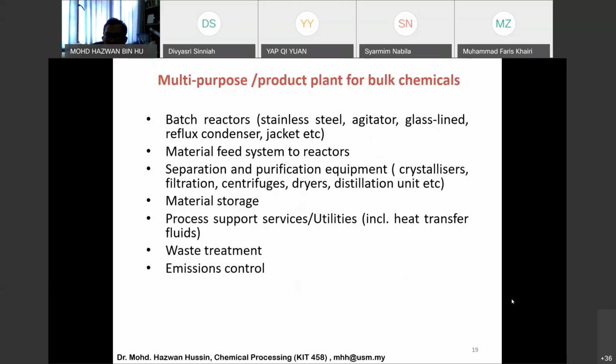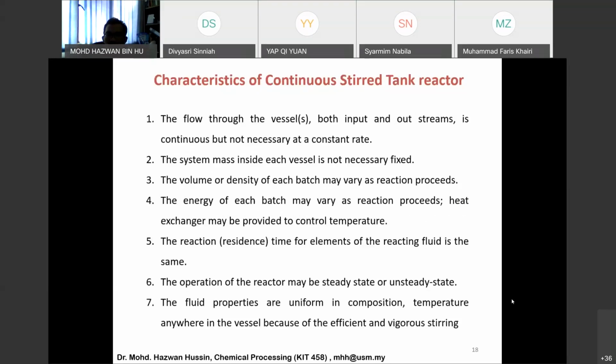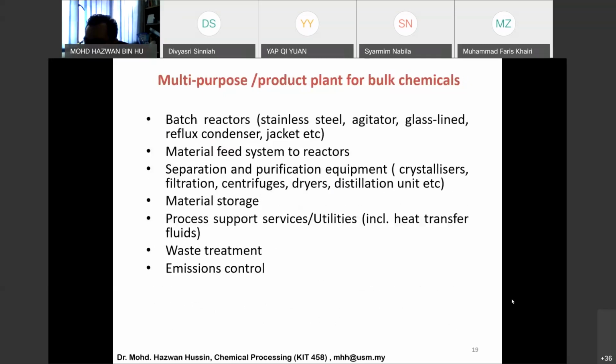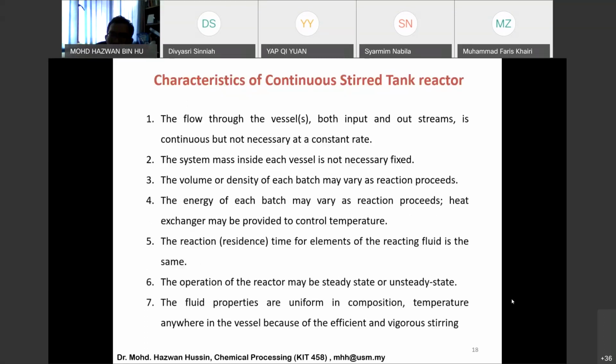Right. So I would like you to do a bit of homework later on. I will post it as an event in e-learning: to differentiate between the BSR and the CSTR, the batch sequential reactor and the continuous stirred tank reactor.